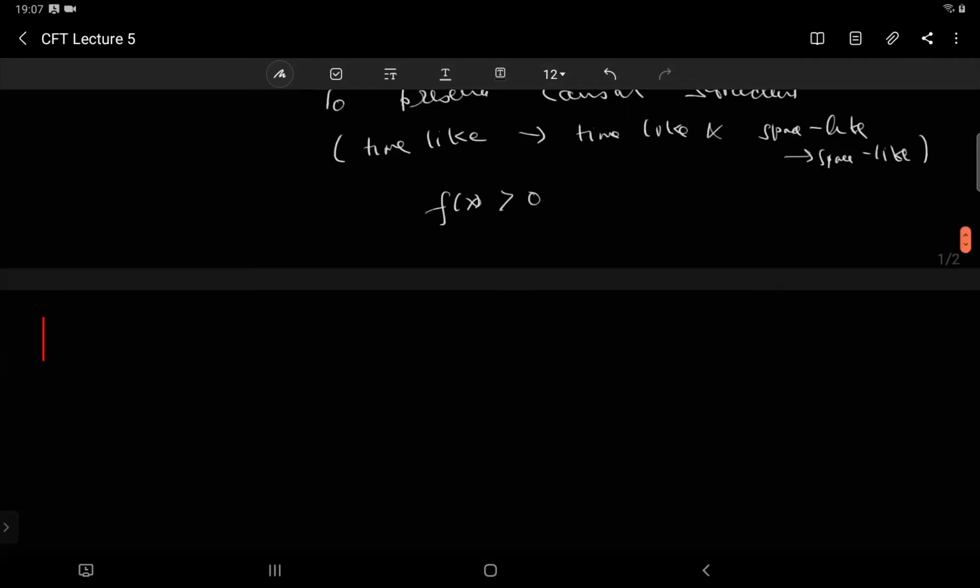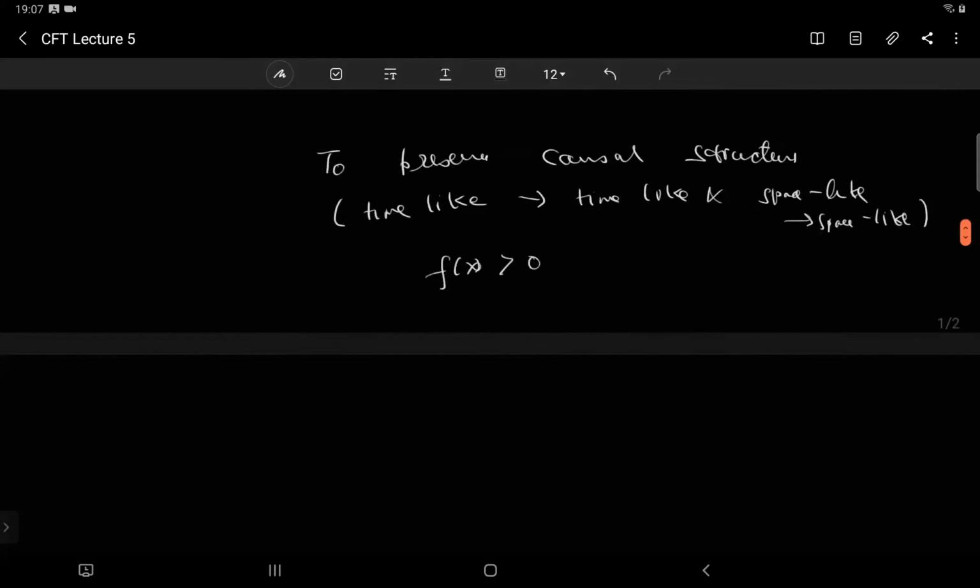Actually, it can be thought like z goes to z and z bar goes to z bar in Euclidean. No, z bar is only in 2 dimensions.